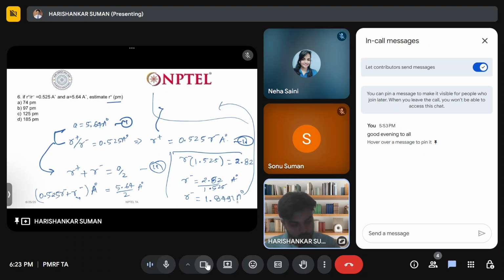So we are getting R plus as 0.9708 angstrom. So it will be 97.08 picometer for R plus. So B will be the answer.